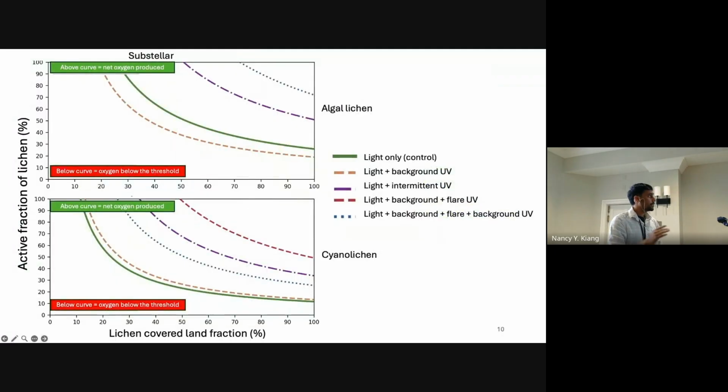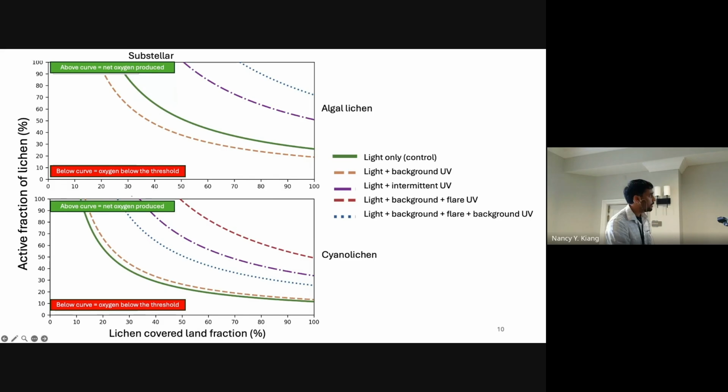Under just a substellar scenario, on top we have algal lichen and below we have a cyanolichen. On the y-axis I have the active fraction of lichen, and on the x-axis the total land coverage. Per hemisphere we assume 14% of land is covered by the lichen. So 100% on the x-axis means the whole land is covered by lichen, and 100% on the y-axis means they are always active, which is not ecologically true, but just to show that they are not light, nutrient, or even water limited.